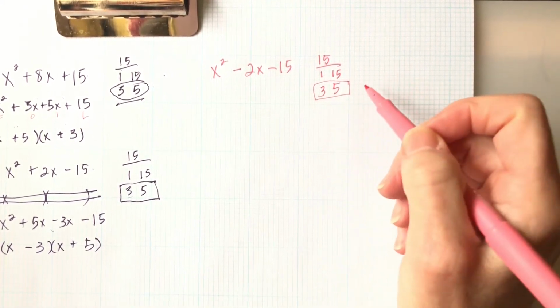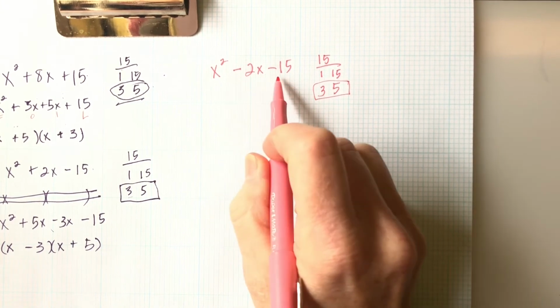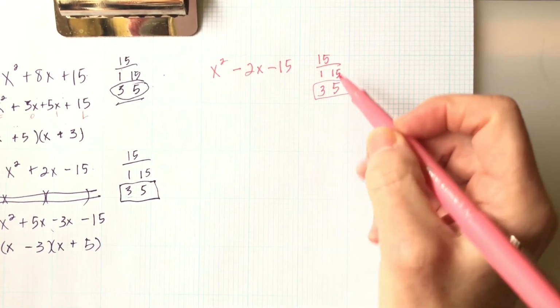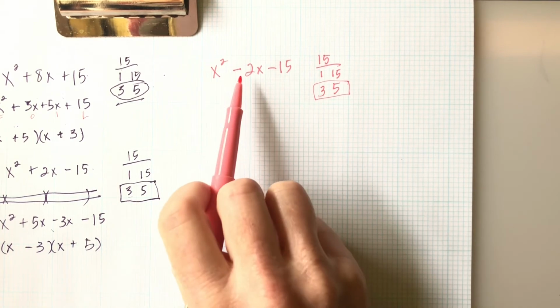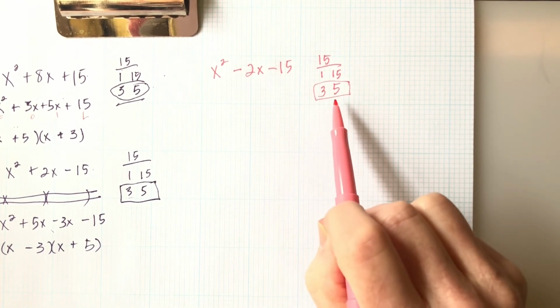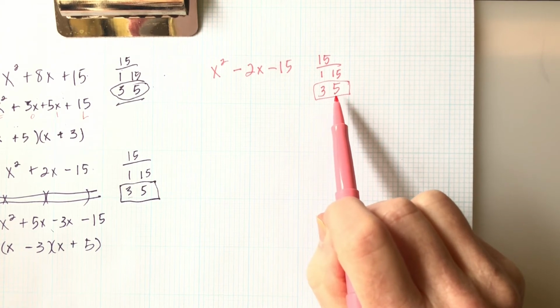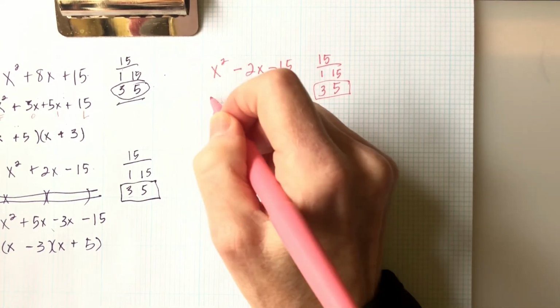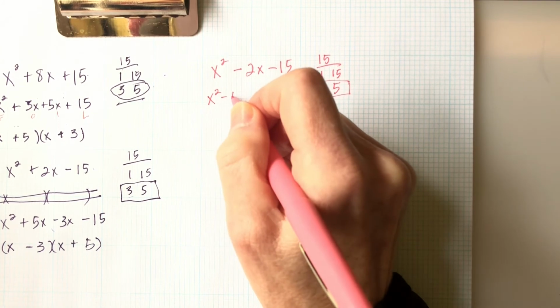So when I am rewriting this trinomial to reflect that the negative 2x came from 3 and 5, I know that the 5 is going to have to be negative this time. So it's going to look like this.